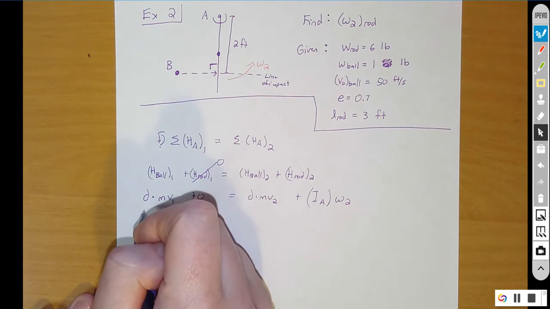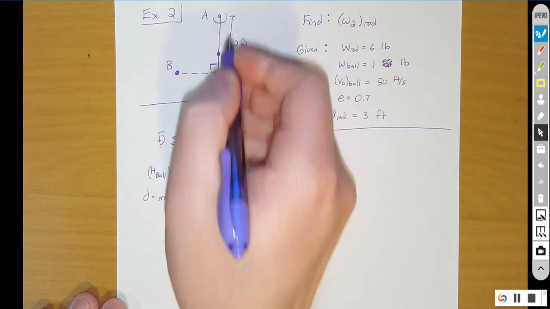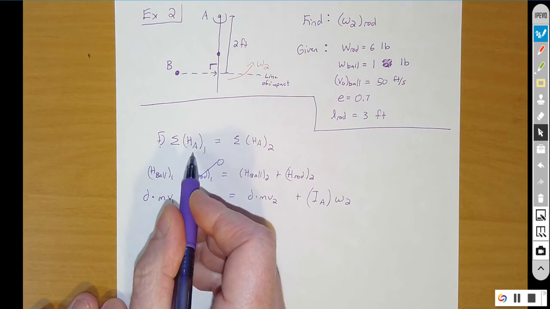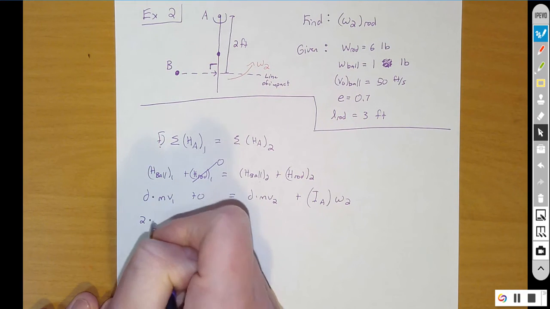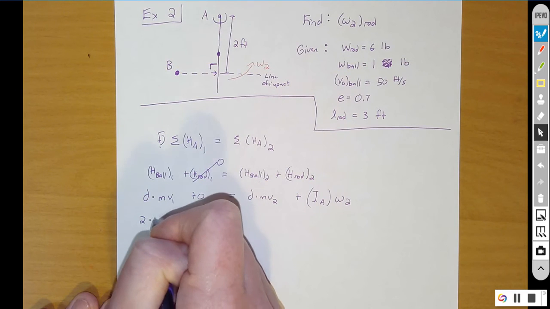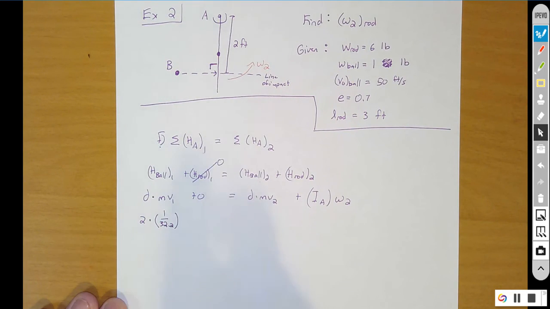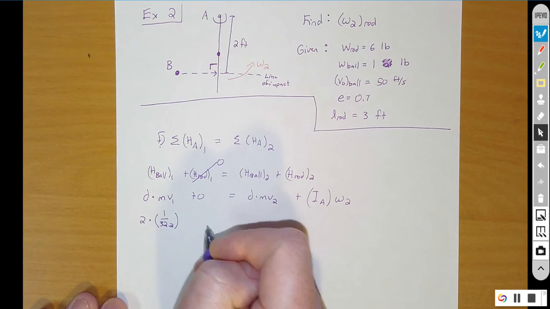Okay, so let's put in what we know. The ball is going to be 2 feet away from A, so I'm doing all this about point A, remember. The mass of the ball is 1 pound divided by 32.2. Because these all have a mass term in them, you could get away with just using pounds because the 32.2 should cancel out, but let's just be safe.